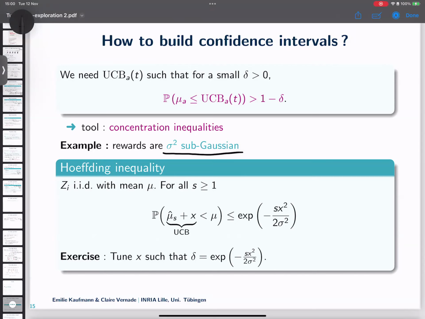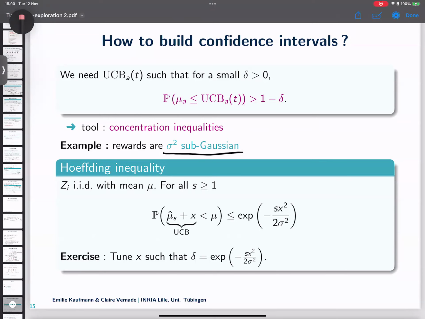For those of you who know the central limit theorem, asymptotically the law of this empirical average converges to a Gaussian with mean mu a. That is just the asymptotic version.